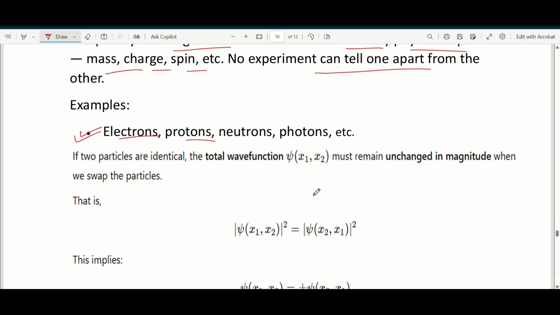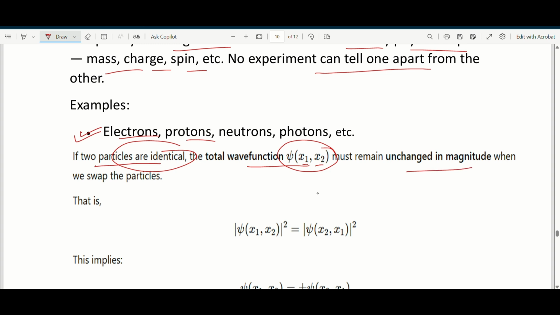And if you have two identical particles, the total wave function is psi of x1, x2, where x1 is the position of the first particle and x2 is the position of the second. The magnitude remains unchanged.